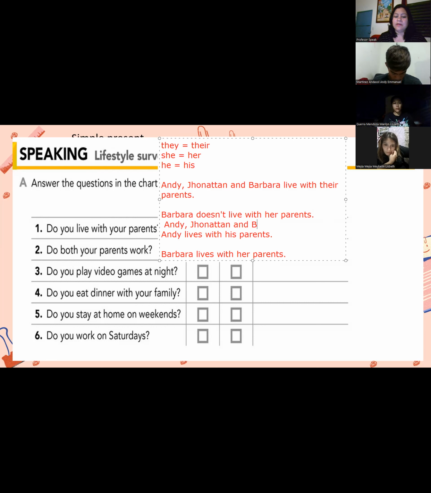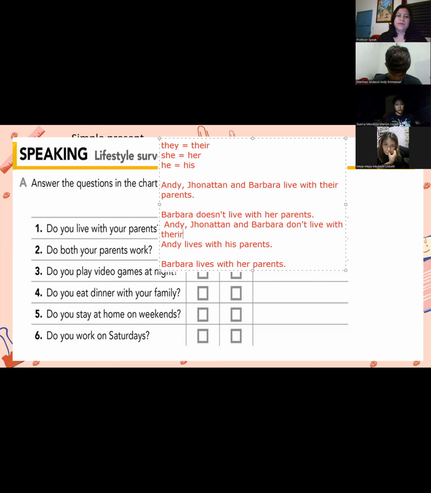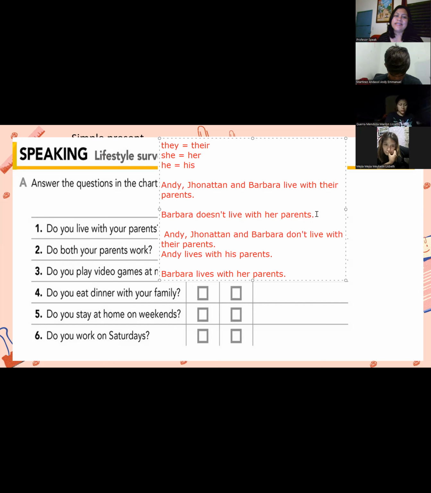Como son tres es they: they don't live with their parents, because it's negative and it's they, okay?